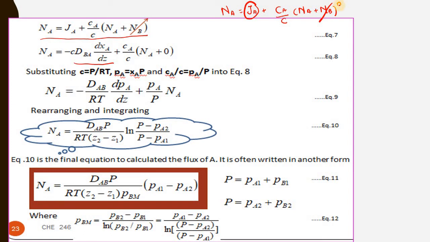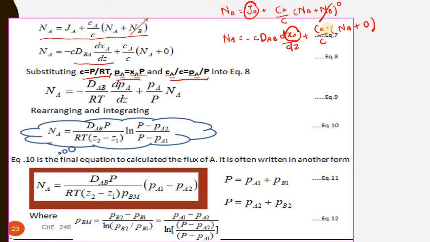So NA is equal to negative C DAB dXA over dZ plus CA over C times NA plus 0. The NB is 0. In this equation we substitute XA with these three equations.